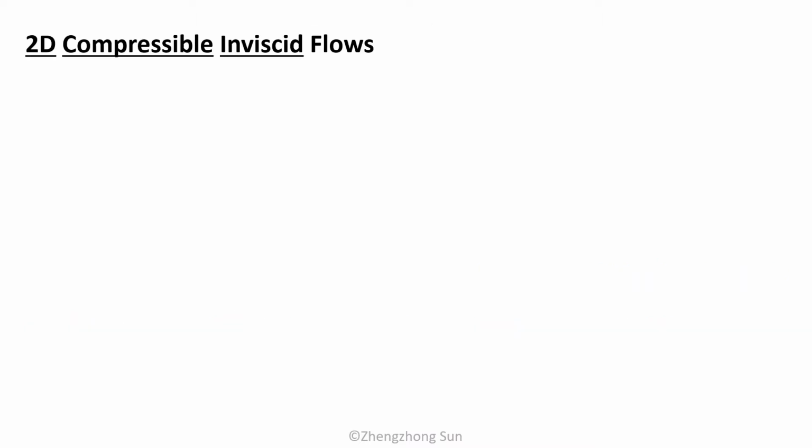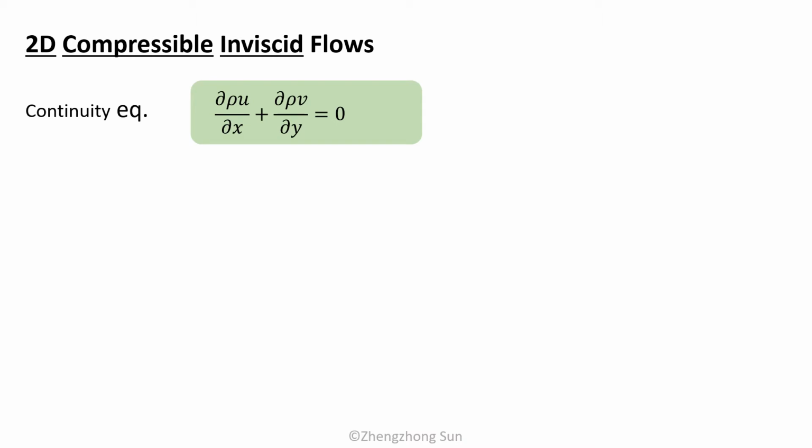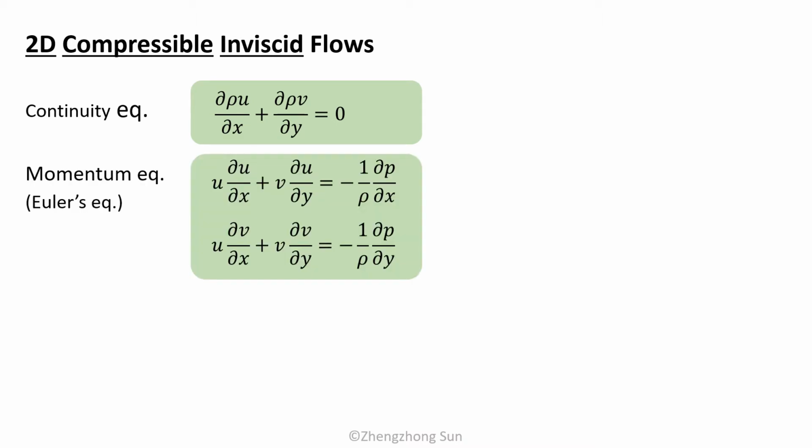Okay, so we know for 2D compressible inviscid flow, so pay attention to the three underlined words: two-dimensional, compressible, and inviscid. We have the continuity equation and the momentum equation.